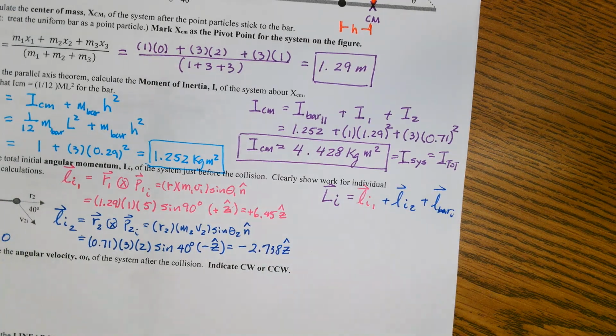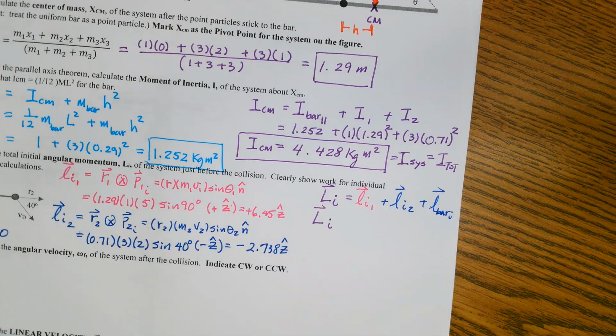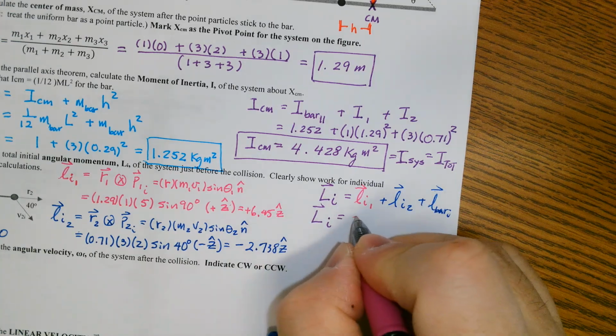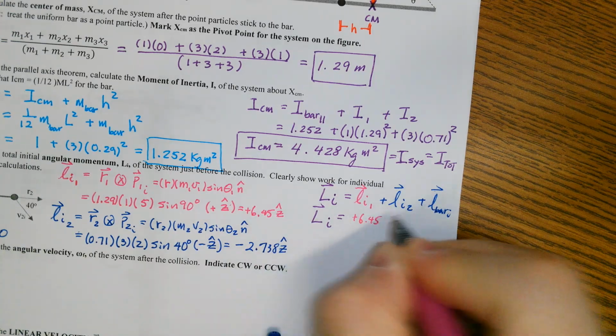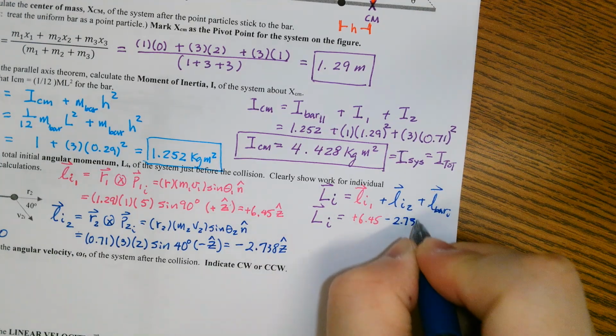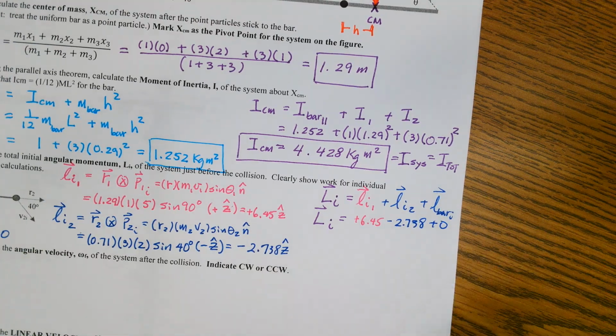So my total angular momentum initial is equal to positive 6.45 minus 2.738 plus 0.